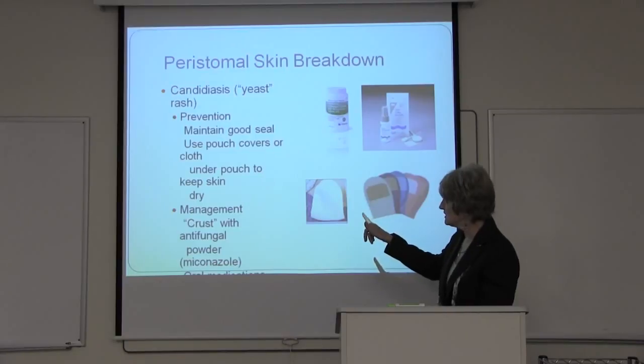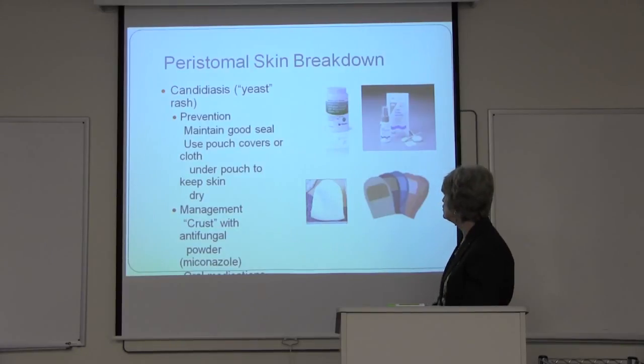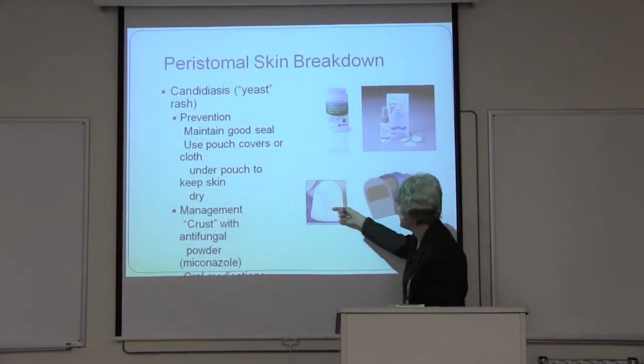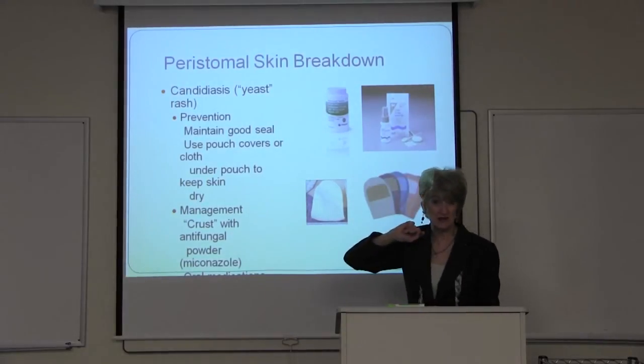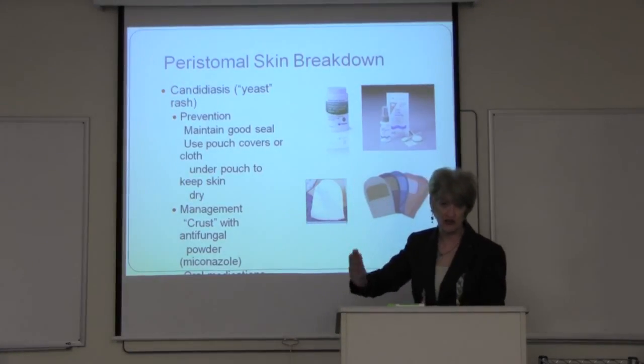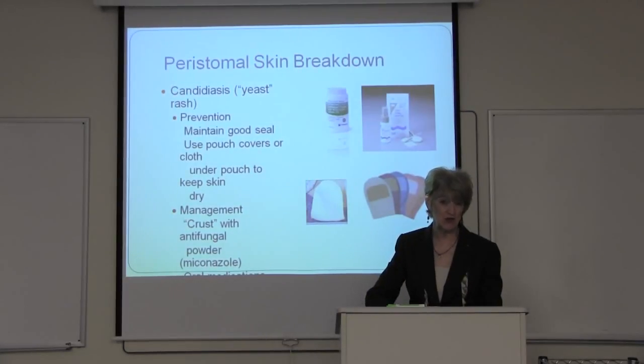So maintain a good seal so that you're minimizing contact between the yeast organisms and the skin. You want to keep the skin under the pouch dry. In the summer in the South, a lot of times we have patients coming in, they have yeast all under their pouch because the pouch is against the skin and is trapping moisture.